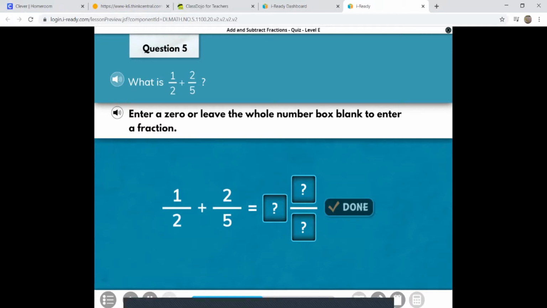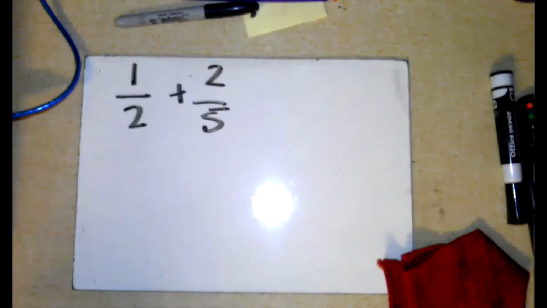Now, you can write out your factors 2, 4, 6, 8, 10, 12, all that good stuff. You can go 5, 10, 15, 20, okay?